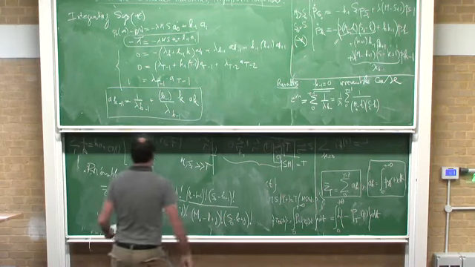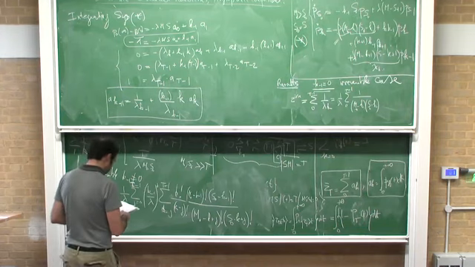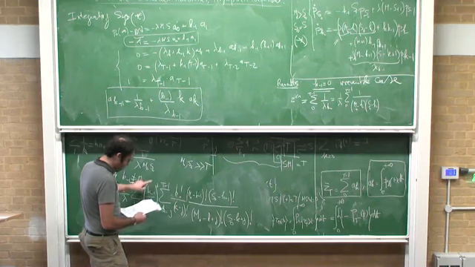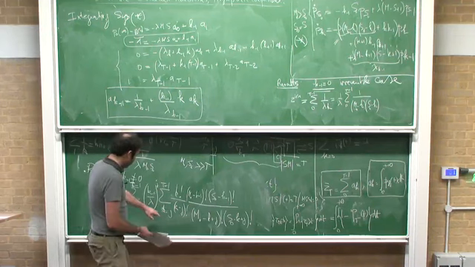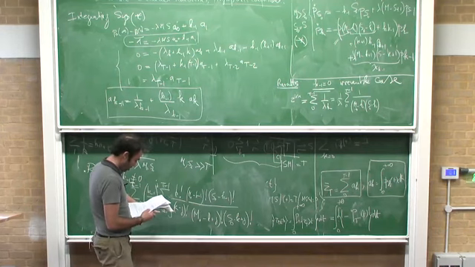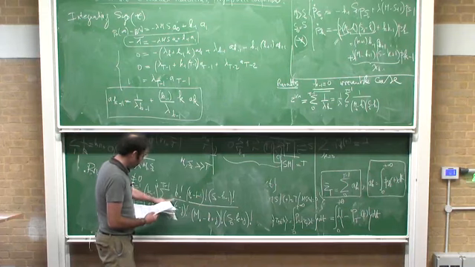Let me check that this is okay. J going from 0 to threshold. This is the ratio to power j. K goes from j to t minus 1, factorial k minus j.